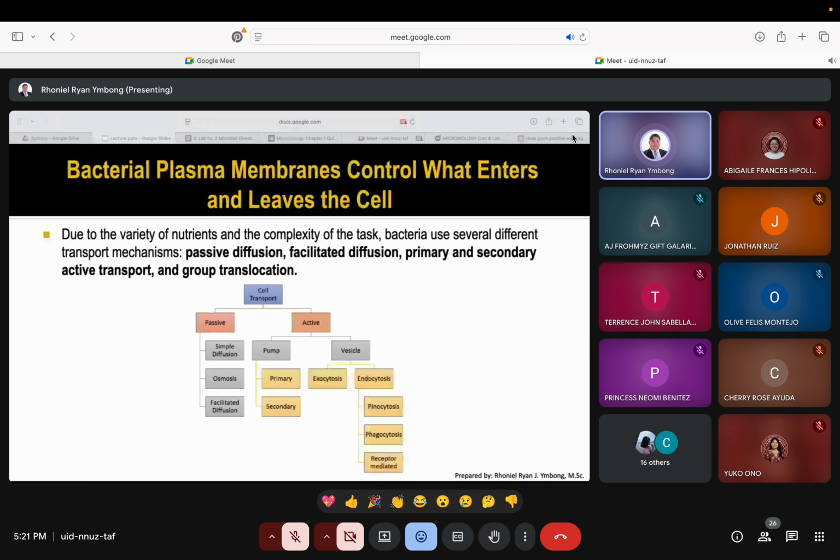If it's from high to low, then that's passive because the movement is along the concentration gradient. But if it's against the concentration gradient, meaning the movement is from low to high concentration, then that is what you call active transport.